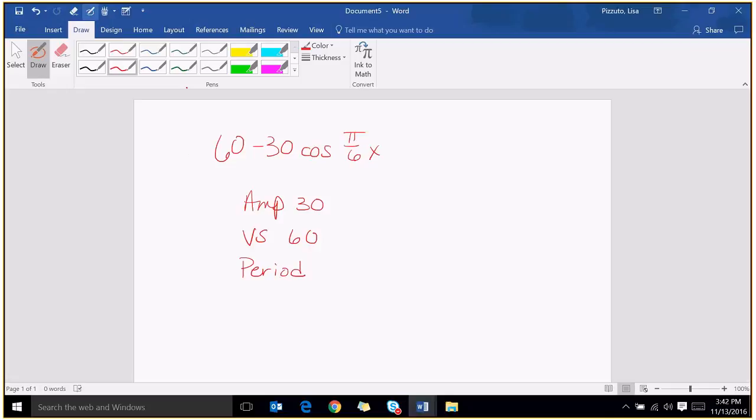Here's your b value right here, so it's going to be 2 pi over 6. Okay, so it's the period.